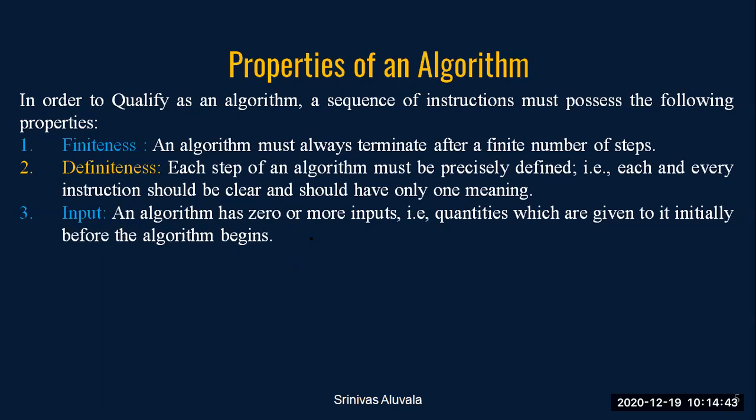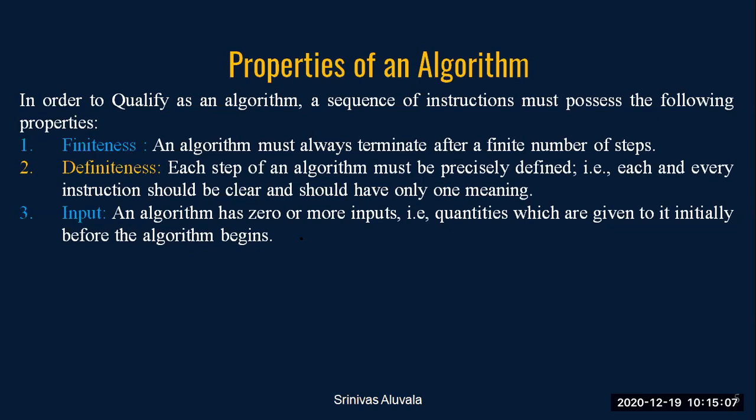And when I say dynamic input, when I execute the algorithm, I give the values while I'm executing the algorithm. Then I call them the dynamic inputs. So whatever may be the input, it may have an input, may not have an input.